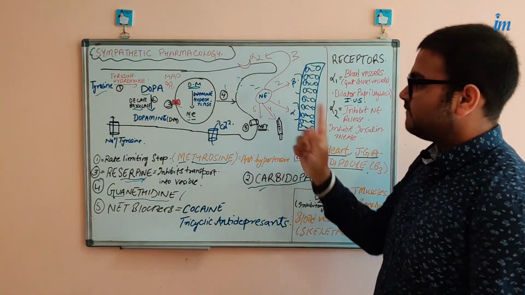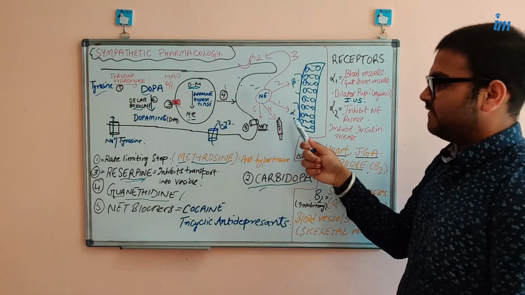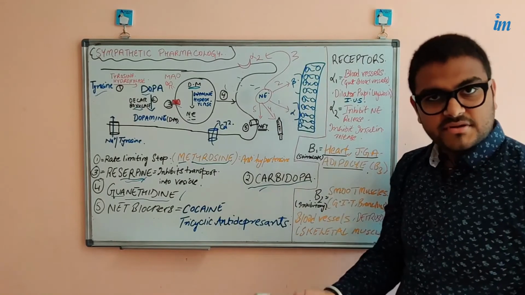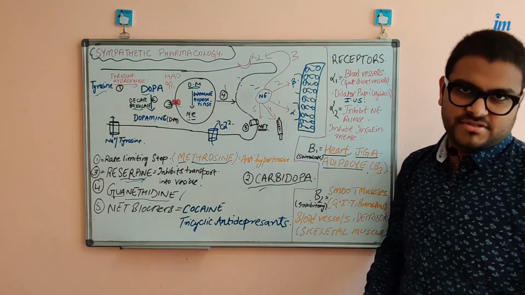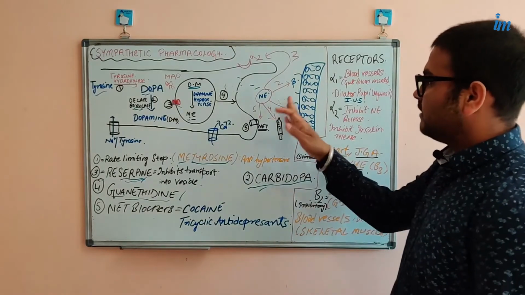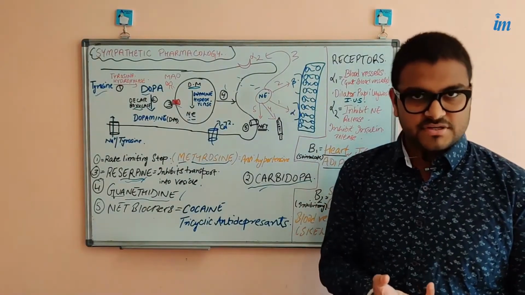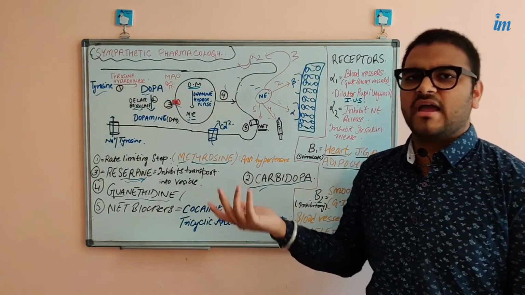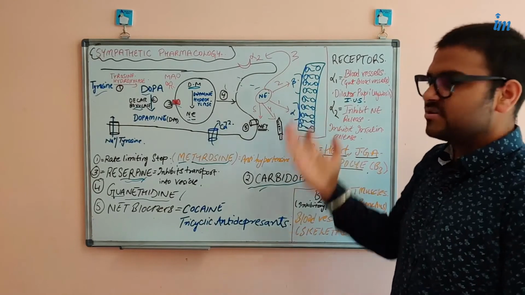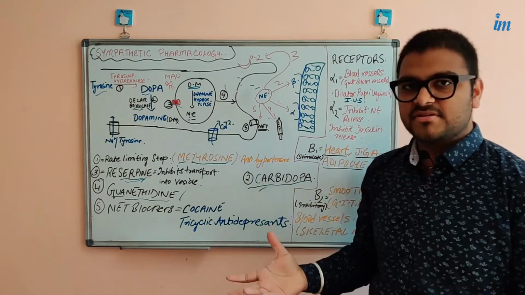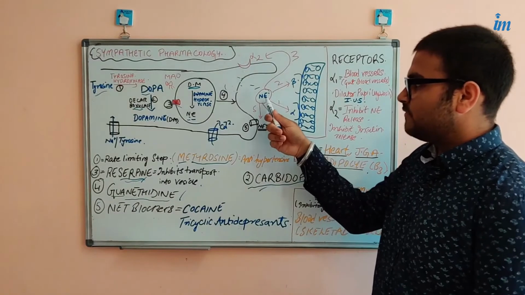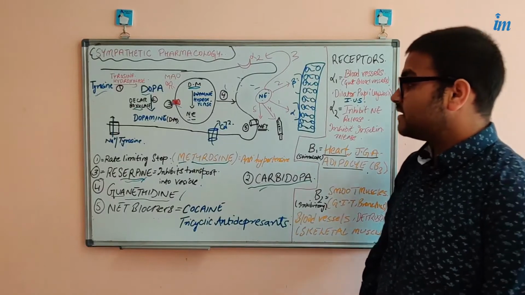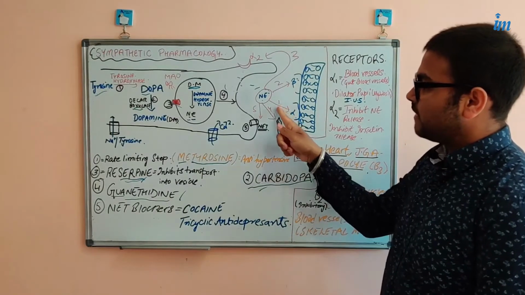First of all, norepinephrine can bind to the alpha receptors present in the effector organ, or it can bind to the beta receptor, or it can bind to both, alpha and beta. The effector organ may be the heart, eye, or GIT. These receptors, alpha and beta, are present there. We'll discuss where they are present, but the norepinephrine will bind to the receptor.